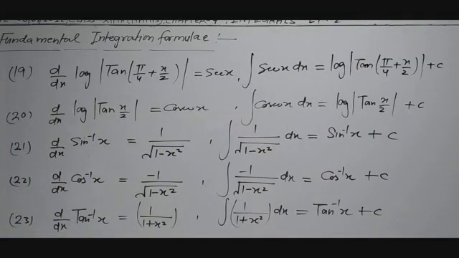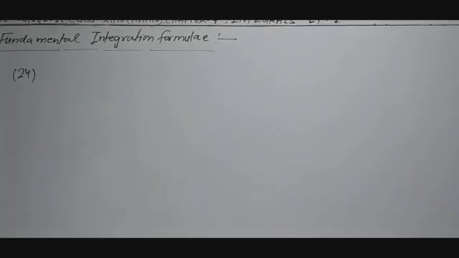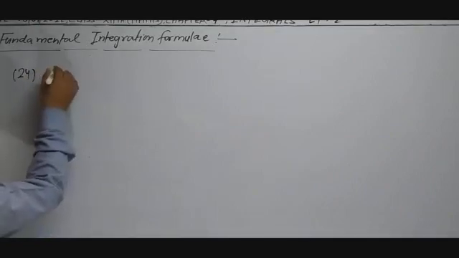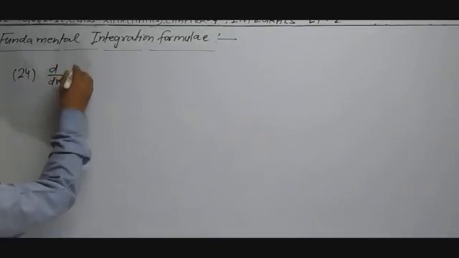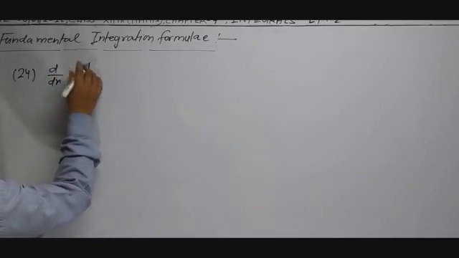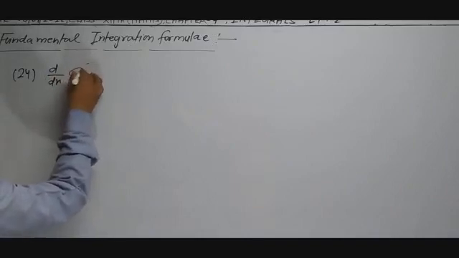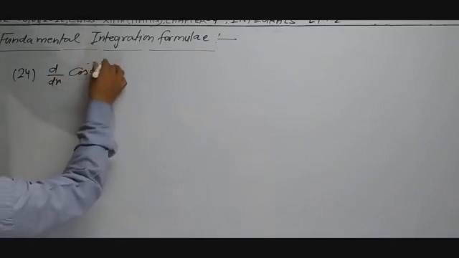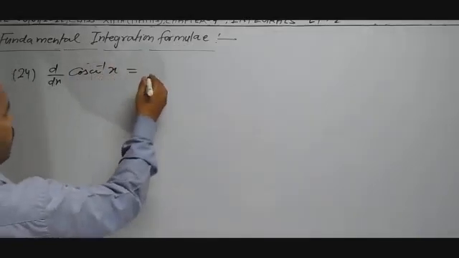Now come to formula number 24. Formula number 24 is d by dx of cosec inverse x. You know its result.